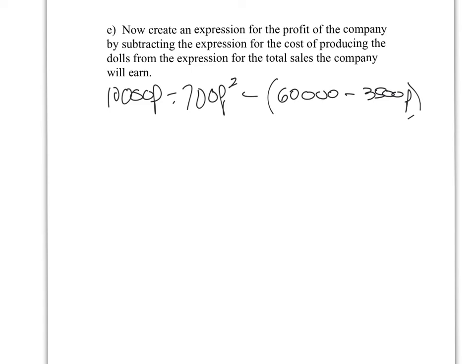Here's what we end up with for our total: negative 700p squared, and minus negative 3,500p becomes positive, so we end up with plus 13,500p, and then we subtract 60,000.